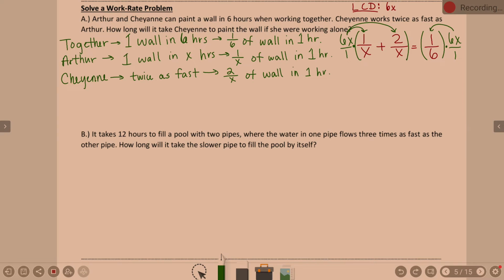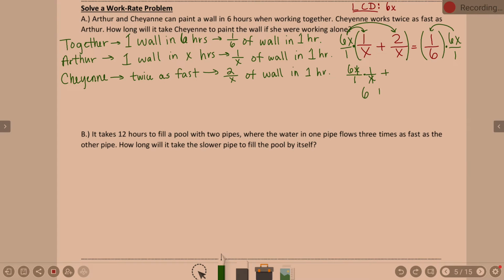Maybe you can see this okay, maybe not, but I'll write out the individual pieces this time. If we think of it as 6x over 1 times 1 over x, what cancels? X's cancel, remaining leaves me with what remaining? 6. So that's going to be my first piece.